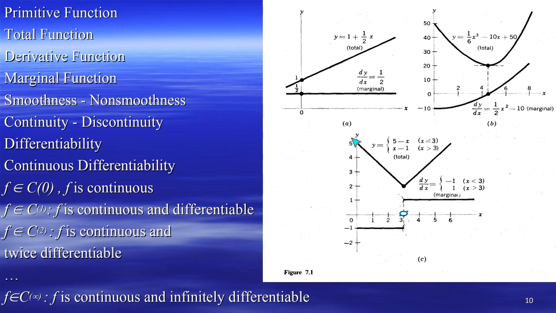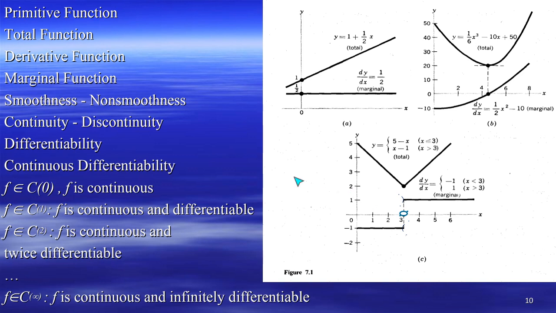This is continuous, even if it makes an angle, a corner, but this one is not continuous. See, it is in two parts. I cannot draw this function without taking my hand off the paper. So this step function is not continuous.